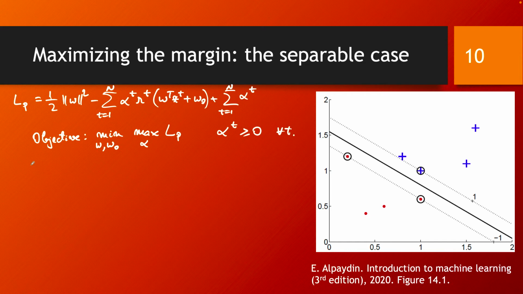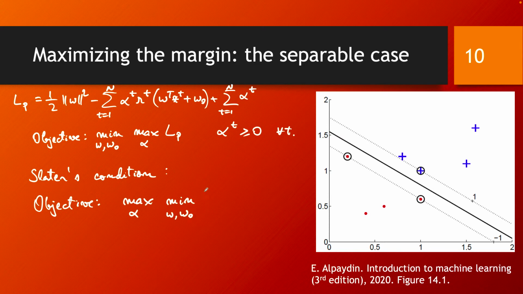And at this point, we can in fact apply the so-called Slater's condition. And this is a condition, I skip the details in here, but it's essentially saying that for well-behaved problems, in a sense that I don't define in here, these two optimization objectives can be commuted. And so when we are applying the Slater condition, the equivalent objective is going to be to maximize by alpha and minimize by W and W0 this Lagrangian, and obviously the constraint remains the same.